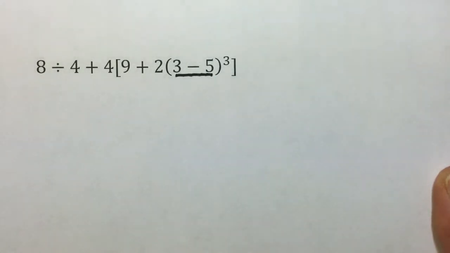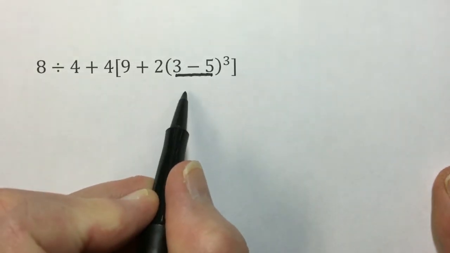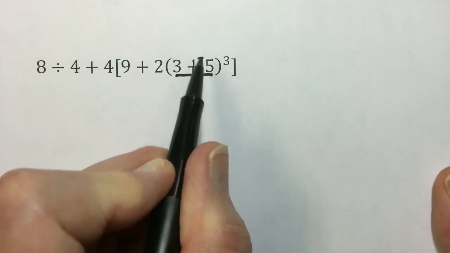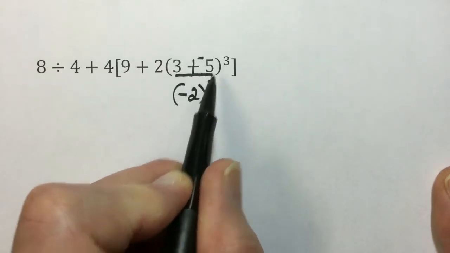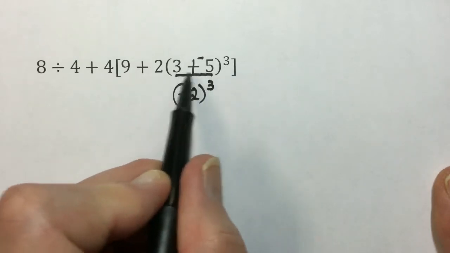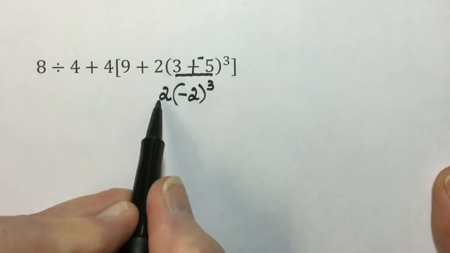In this next problem, we have not only grouping symbols, but within the grouping symbols, we have another, and we need to simplify the innermost first. 3 minus 5, or 3 plus a negative 5 results in a negative 2. That's raised to the third power, the negative 2 replacing this expression in the parentheses, and the 2 in front.